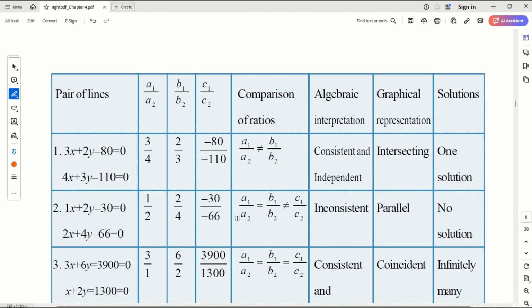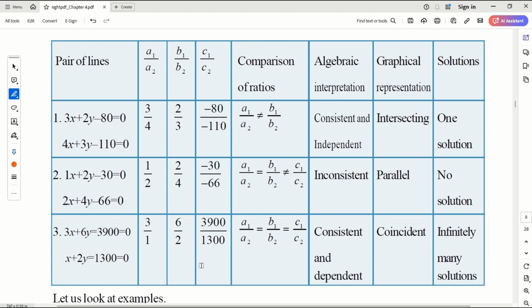For the second problem, we saw that A1 by A2 is equal to B1 by B2, but not equal to C1 by C2. We are calling this inconsistent, and it's parallel lines and there is no solution possible. Similarly, for the third example, we saw A1 by A2 is equal to B1 by B2 is equal to C1 by C2. Equations are written here, you can find out the values easily.